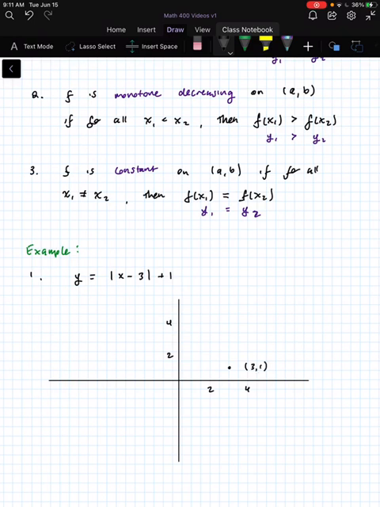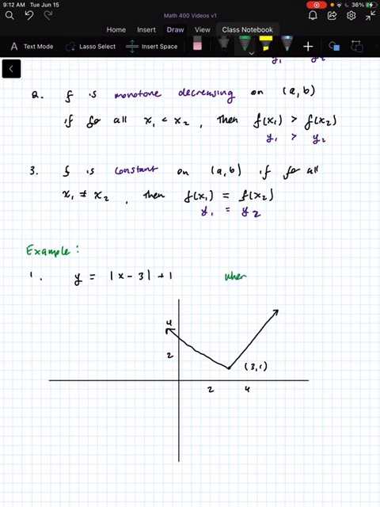So here's (3, 1). And then its slope is 1. So it's just a shifted absolute value function. Not a great graph.